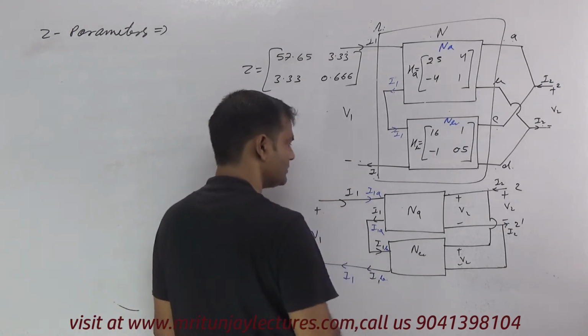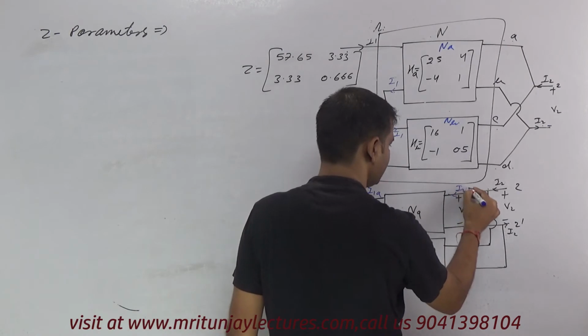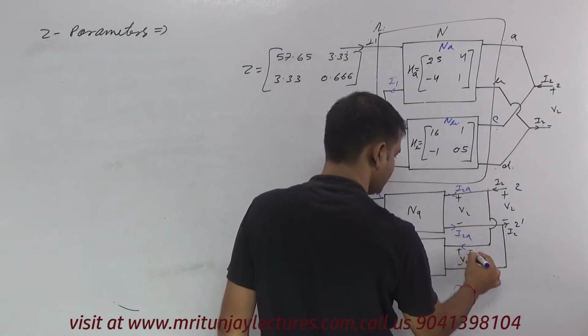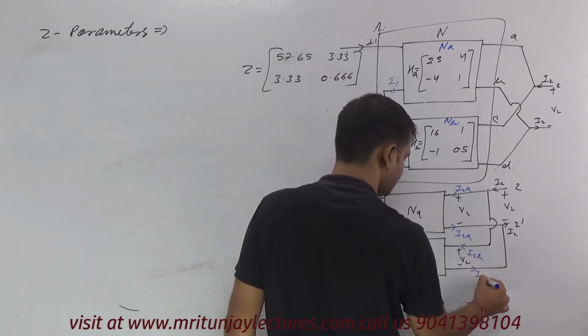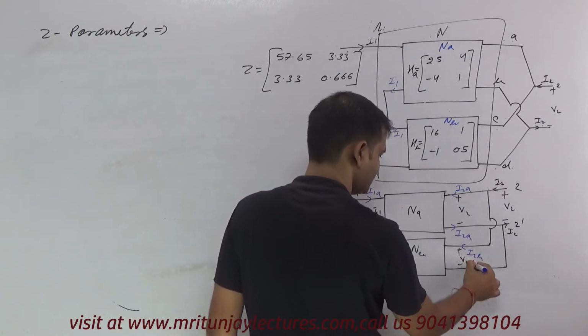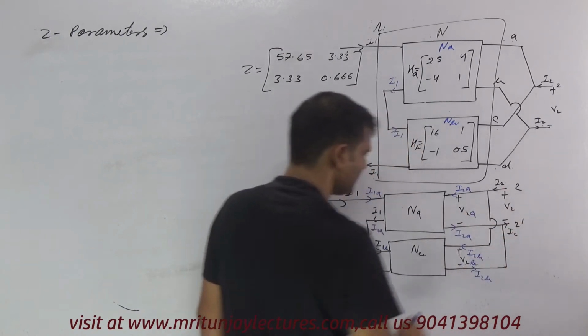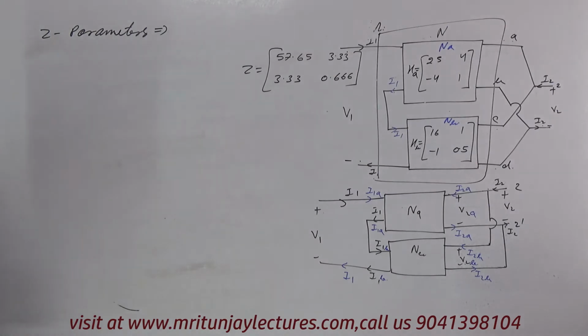Now that is I2A, here I2A, here I2B, and here I2B, and the voltages are V2B and V2A. Clear or not?